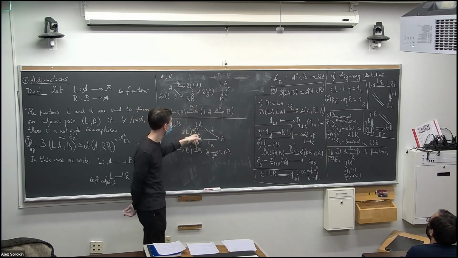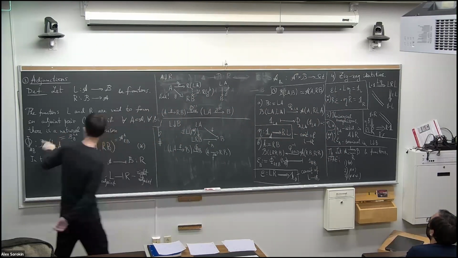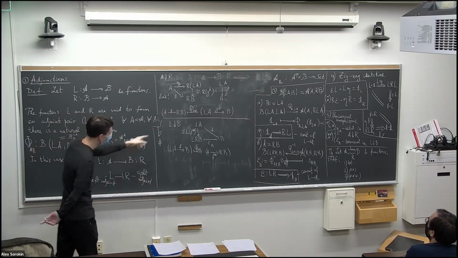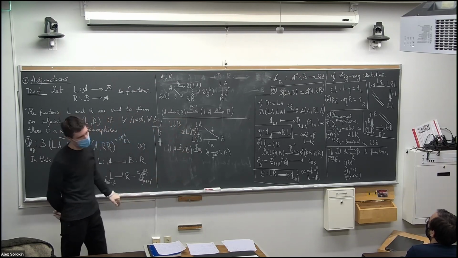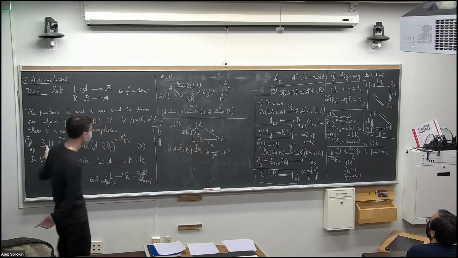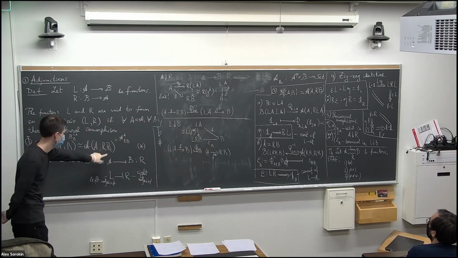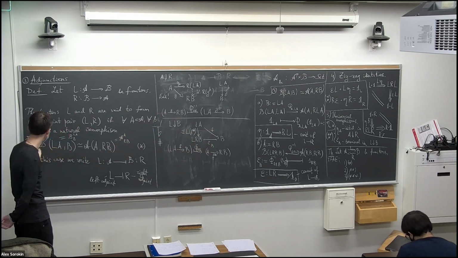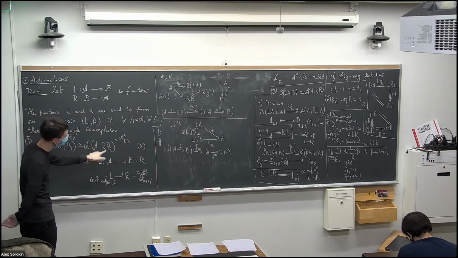Knowing that these maps exist and are unique, you will define phi AB of f as this unique map. So you just have a function of f, which you will call f sharp. So phi minus 1 takes f to f sharp, phi takes f to f sharp, and phi minus 1 takes g to g flat.